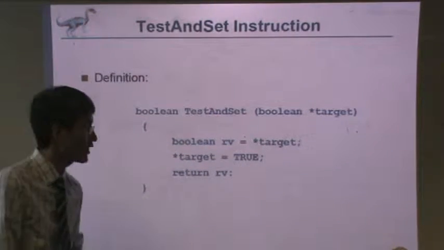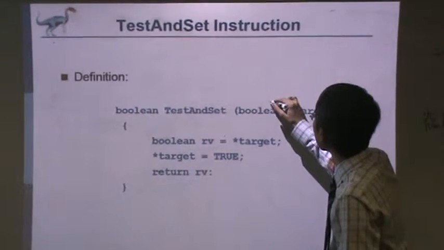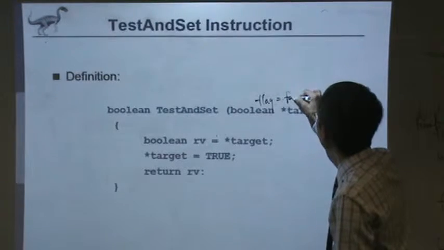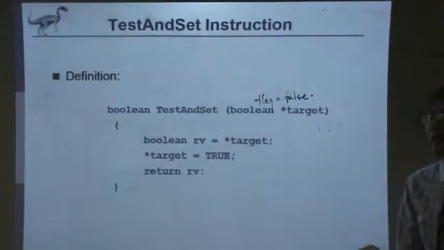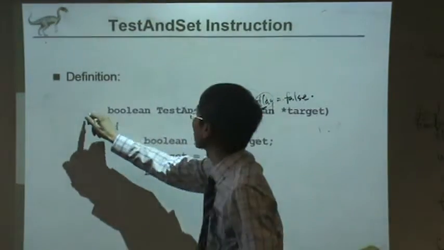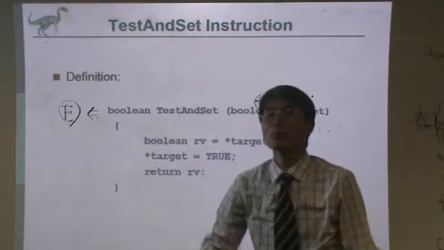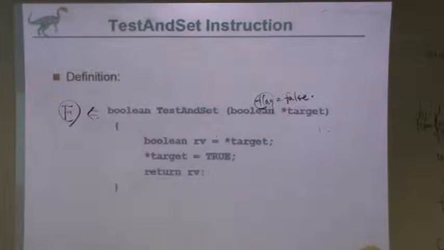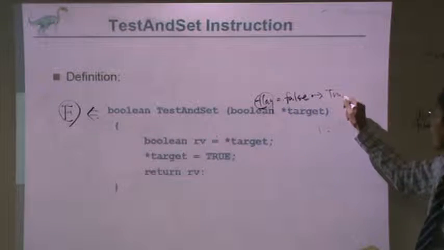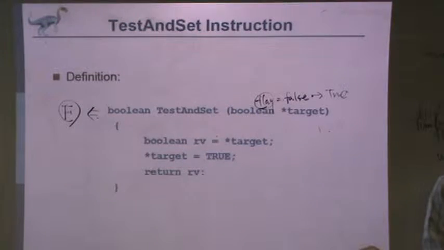Which means if you test and set the flag, which is, for example, currently false, this flag will be returned. The output of the test and set is false, but the value is changed to always true. That is the test and set instruction.